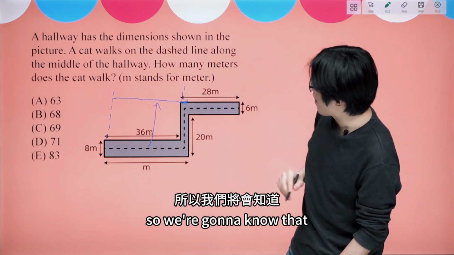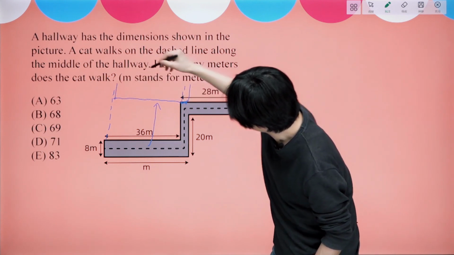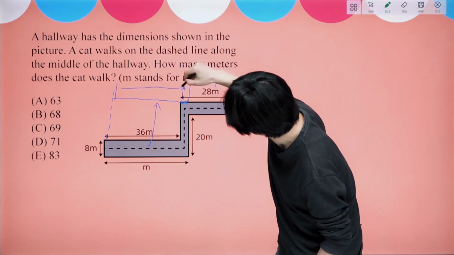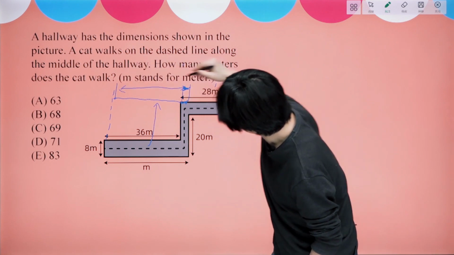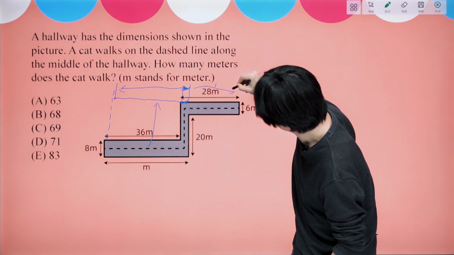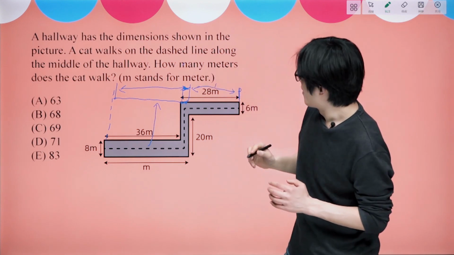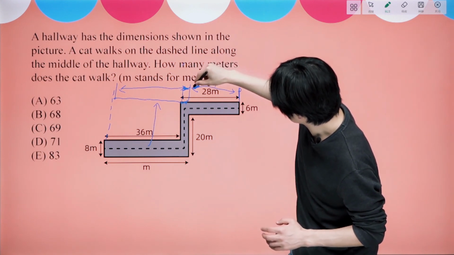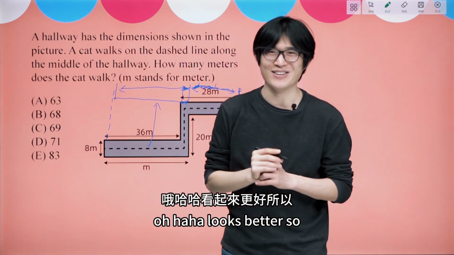So we're gonna know that this part and so this part, here we go, plus this part will be the horizontal. Oh, looks better.